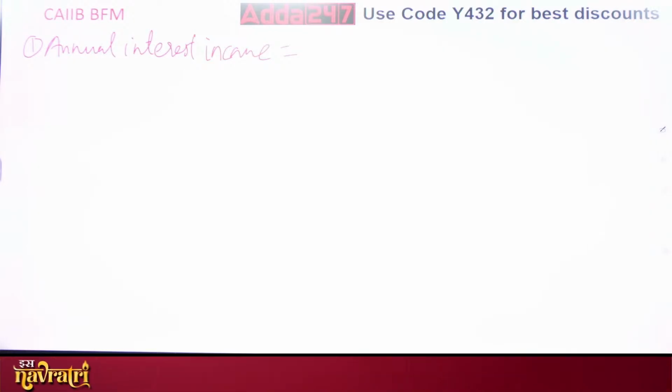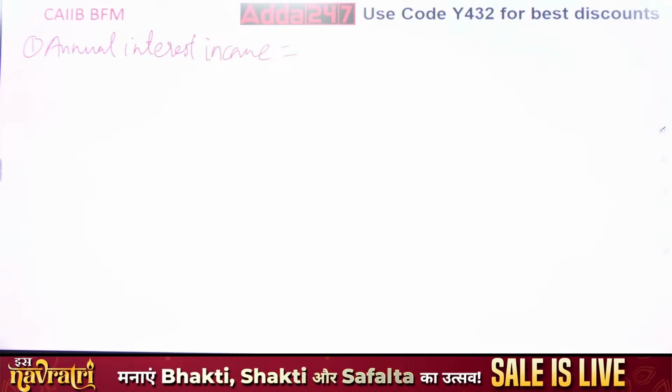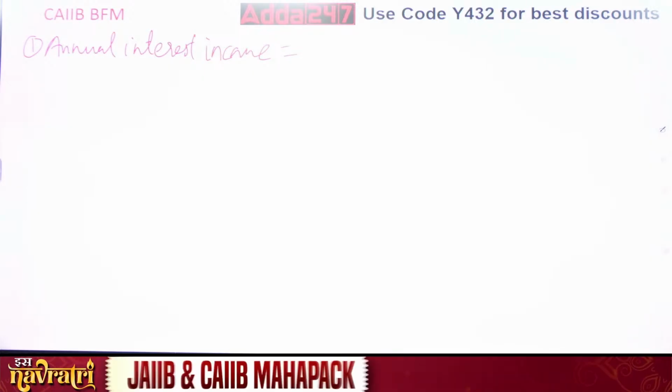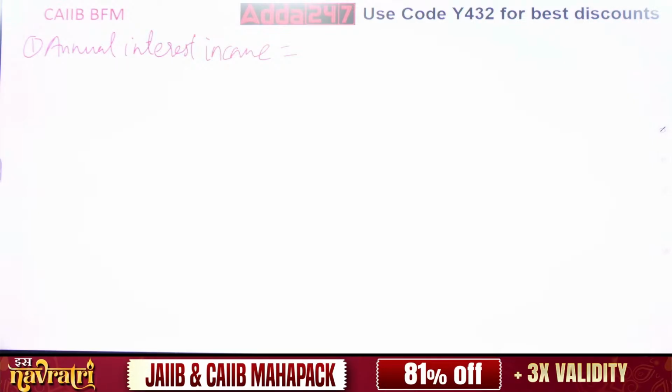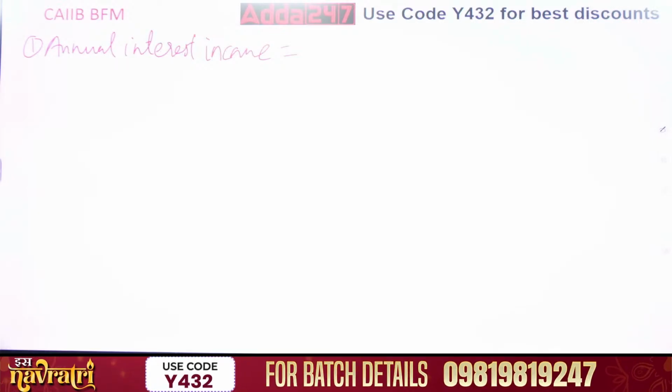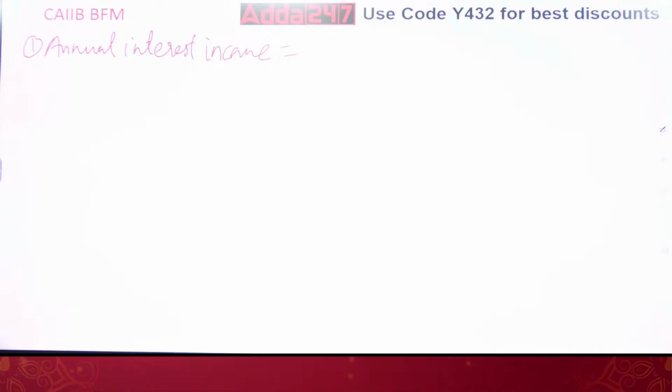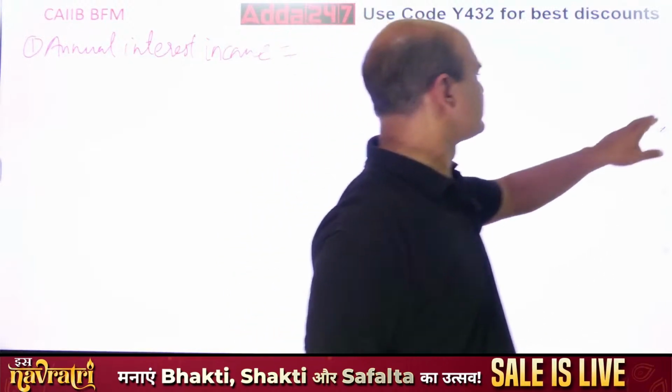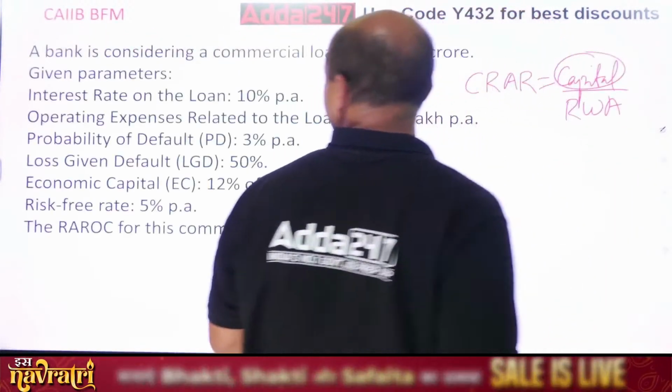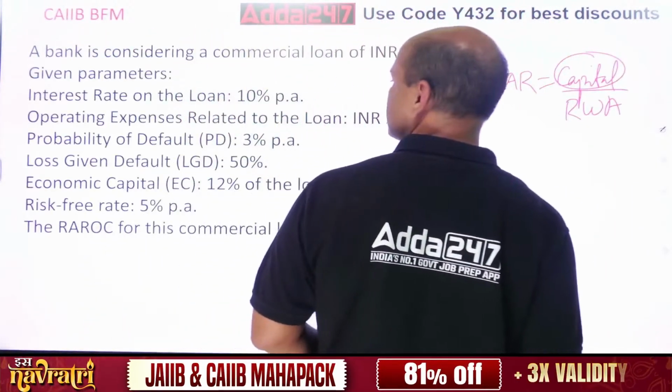What are you getting? 10 crores and 10%. So it is 1 crore, right? 1 crore. Probability of default is 3%.